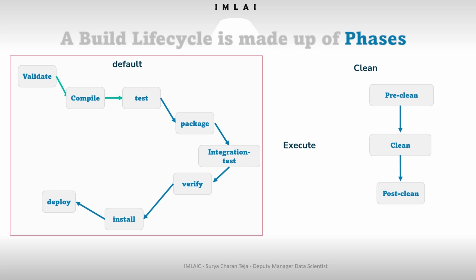The test phase tests the compiled source code using a suitable unit testing framework. You have to use an external third party tool here, so that's the reason you have to use a plugin. You have to write that plugin inside your pom.xml. These tests should not require the code be packaged or deployed.